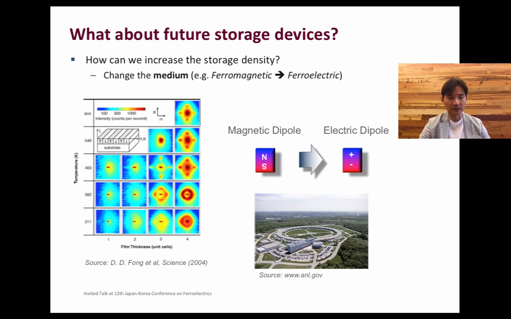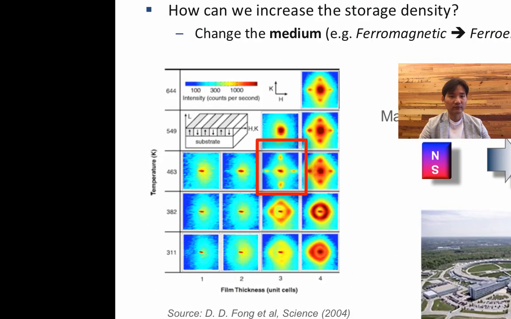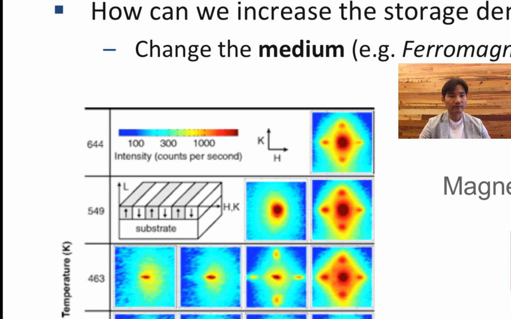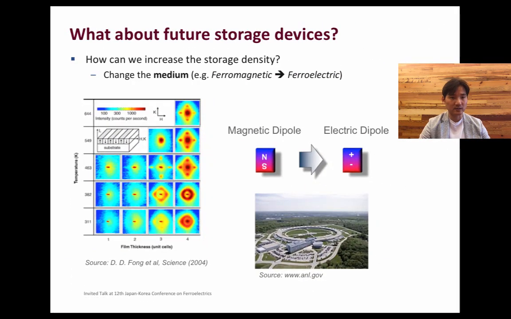As you can see here, they were able to show that even a 3-unit cell thick ferroelectric thin film can retain up and down polarization, and according to Kittel's law, the domain width is proportional to the thickness, thereby showing us 10 terabit per square inch will be a reality if we come up with a matching system for this medium.